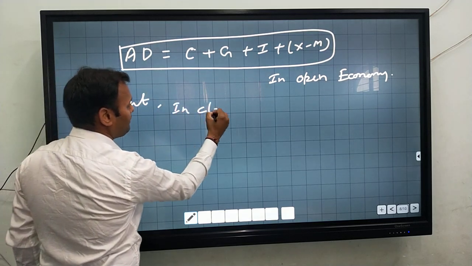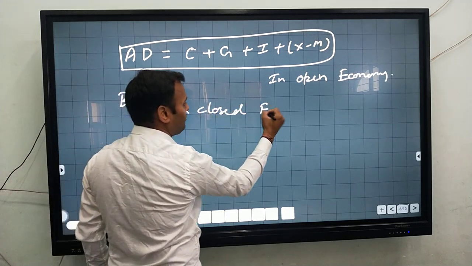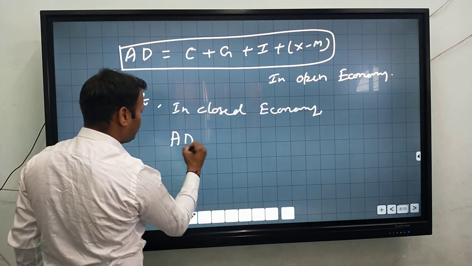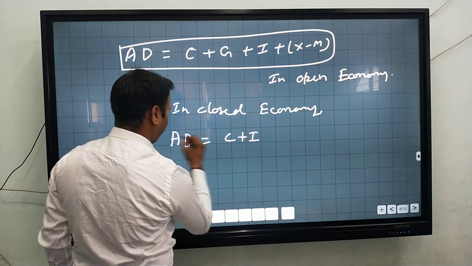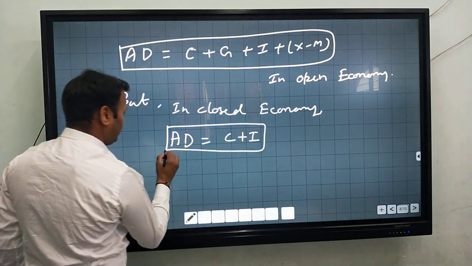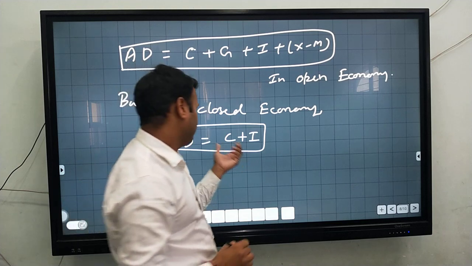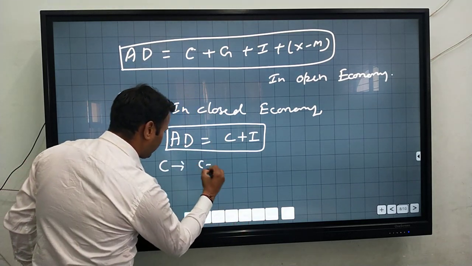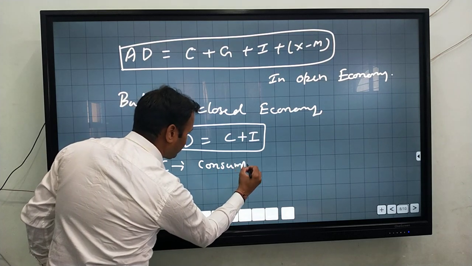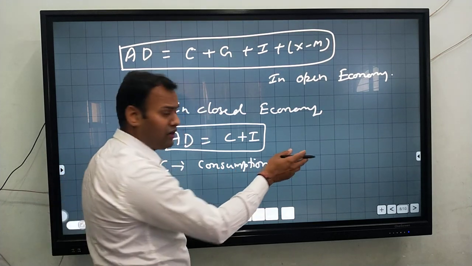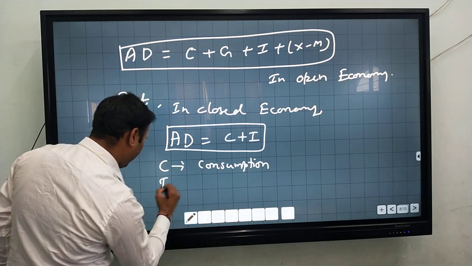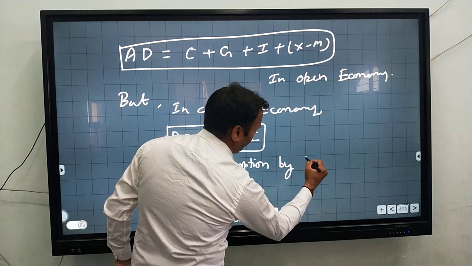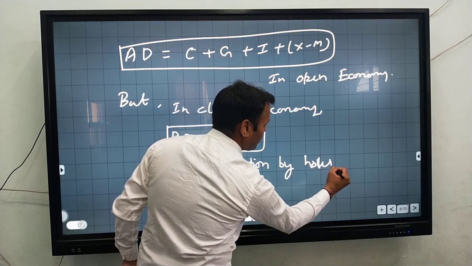But in a closed economy, we consider only two things, that is AD is equal to C plus I. Okay? AD is equal to C plus I. C is what? Consumption by the household. Okay? All the households.